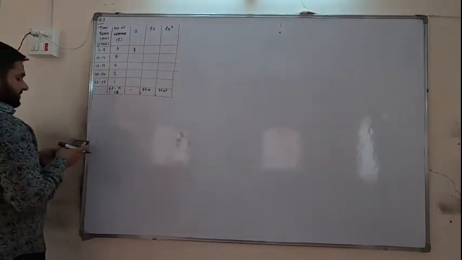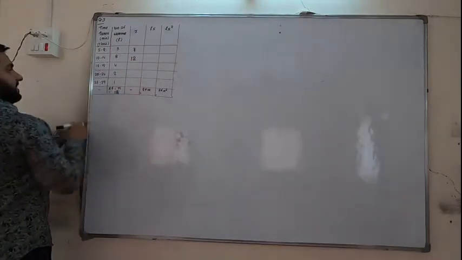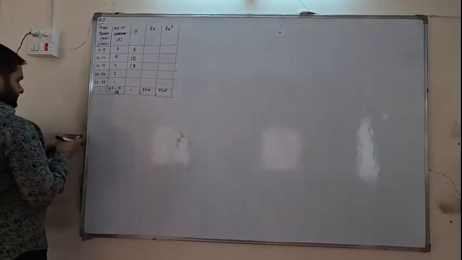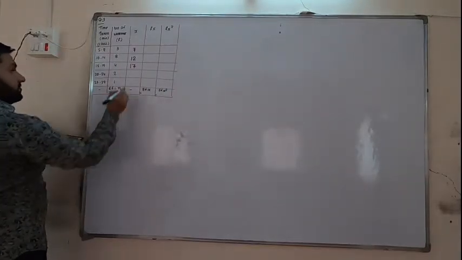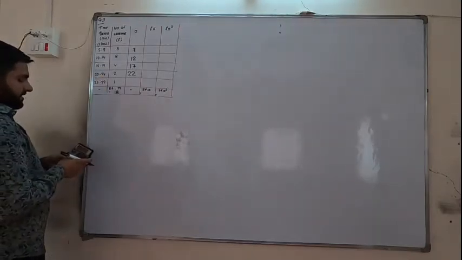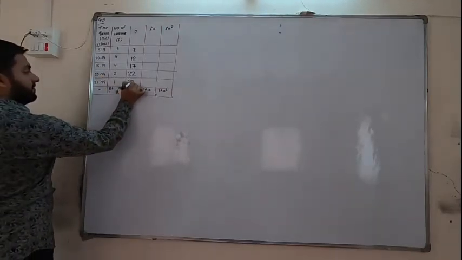Now x: 5 plus 9 by 2 is 7, 10 plus 14 by 2 is 12, 15 plus 19 by 2 is 17, 20 plus 24 by 2 is 22. These are just the mid values, lower plus upper by 2. 25 plus 29 by 2 is 27.